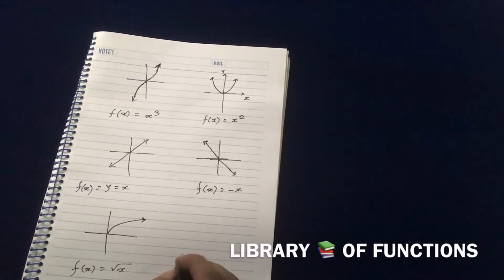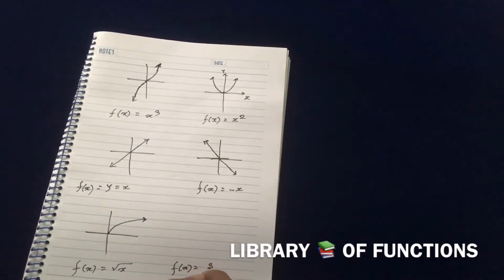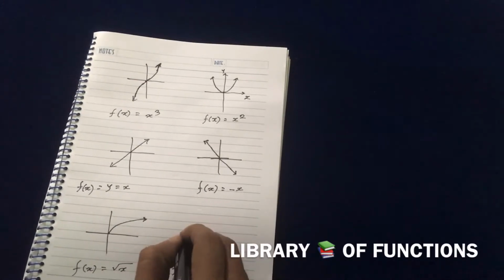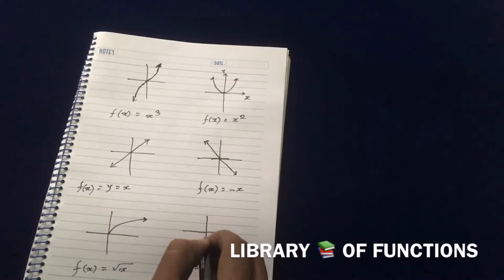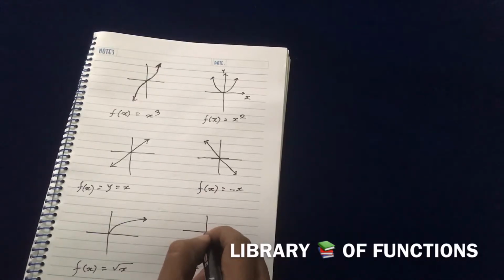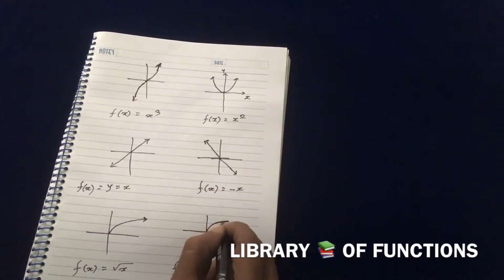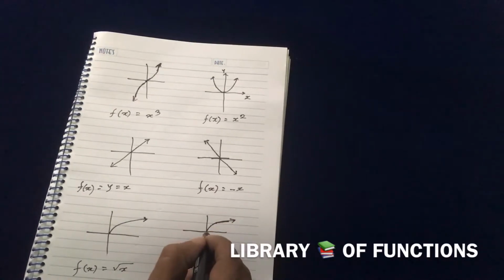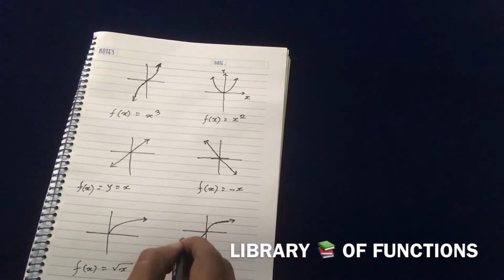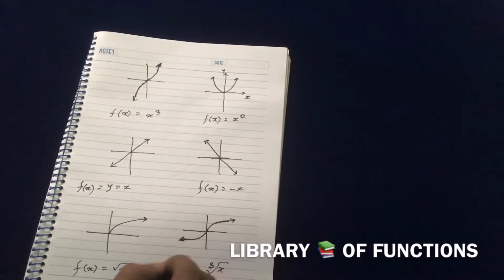Okay, let's draw f(x) = cube root of x. Do you see it here? I think the cube root of x graph should be somewhat like this. Then this function will come down to this side also. So this will be the f(x) = cube root of x graph.